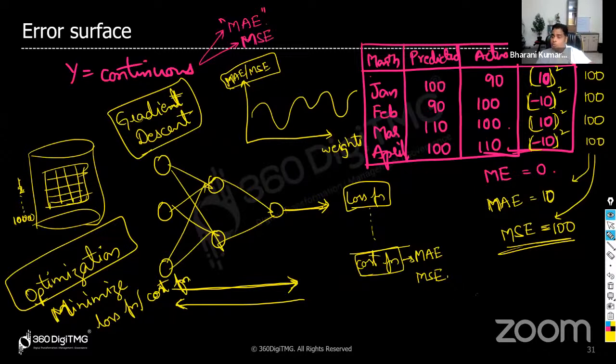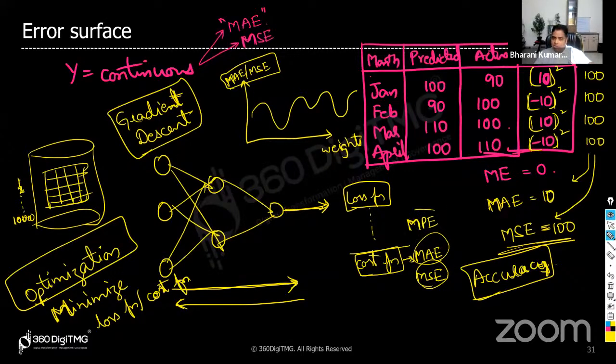But to determine how good or how bad your model is, you need to resort to accuracy. And for accuracy also, we can use the same values. There is also another measure called mean percentage error. That makes even more sense, because if you get a percentage error of, say, 20%, then the accuracy of the model will be 80%, 100% minus 20%.